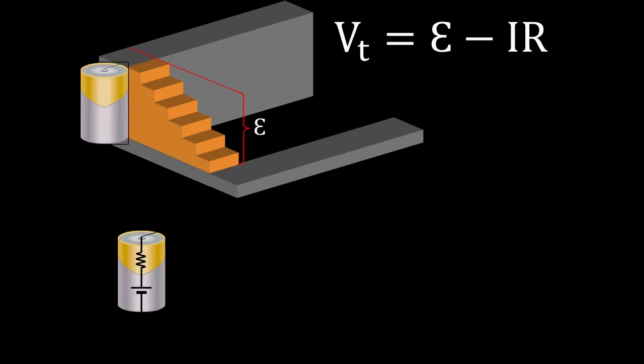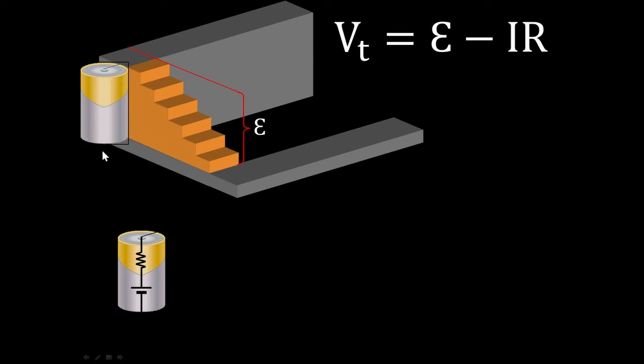When we're dealing with batteries, there's one small complication, which is that they don't provide a constant amount of voltage. If I were to just take a battery and measure the voltage from either side of the battery, that would be the EMF of the battery, the electromotive force that provides voltage.